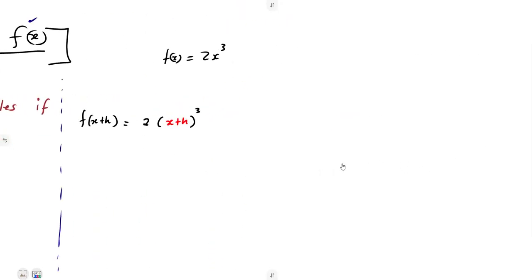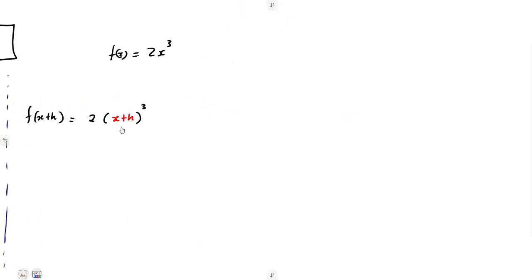Now we expand this bracket as before. Remember when it was raised to the exponent of 2, x plus h squared, that was our previous class. We dealt with this part. When we expanded, we used the concept of a plus b squared, or x plus y squared, which is going to give us x squared plus 2xh plus h squared.